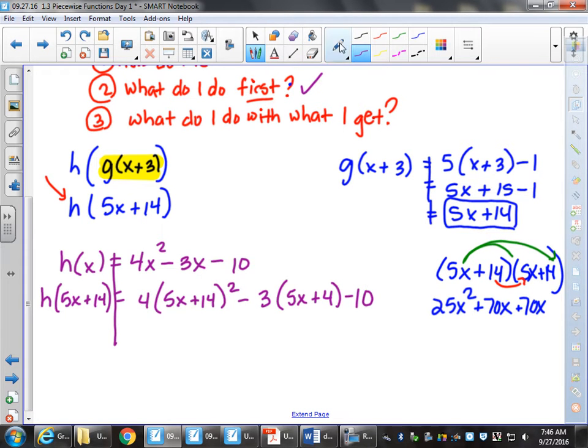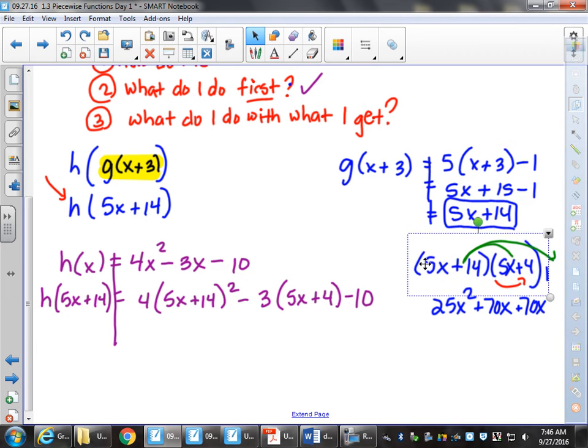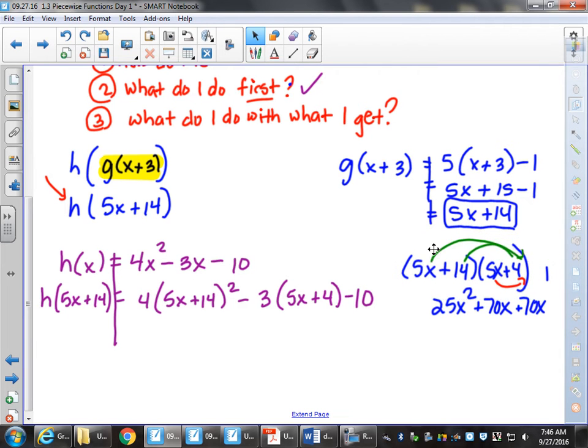Just going to move this over. What can I do? Yep. We need a little more space.